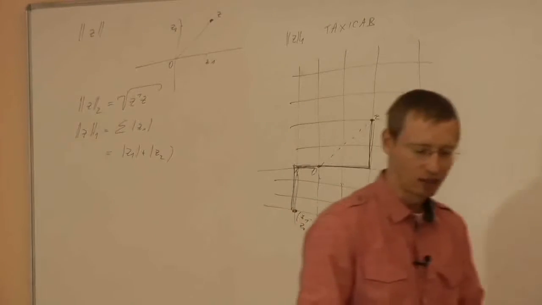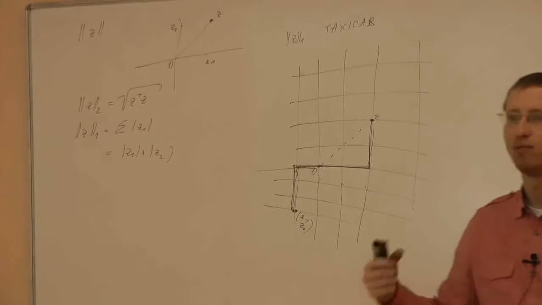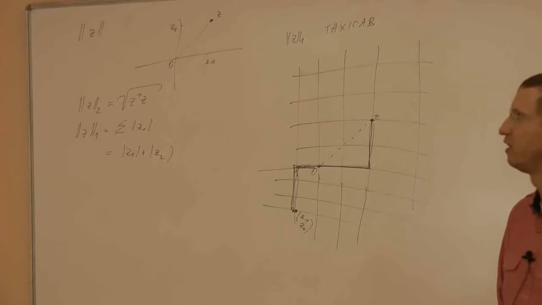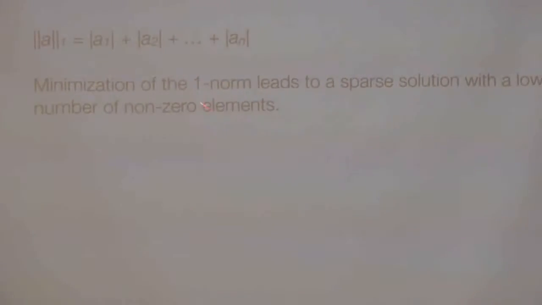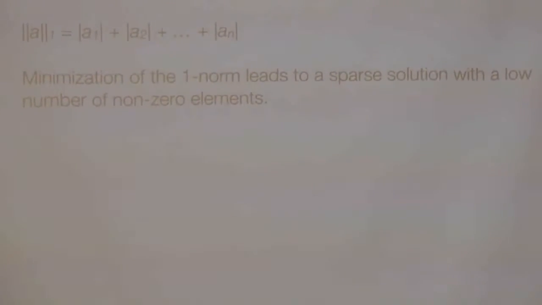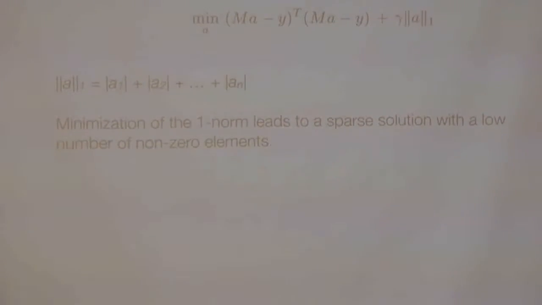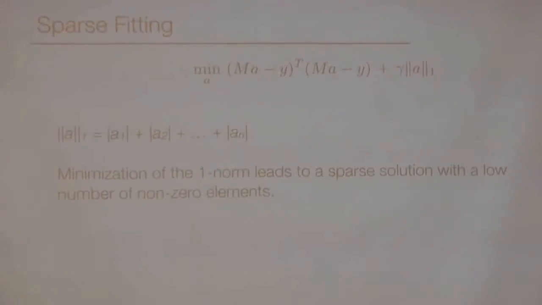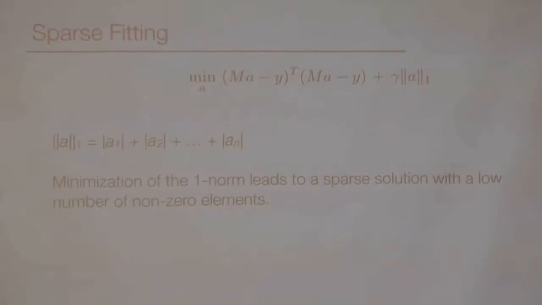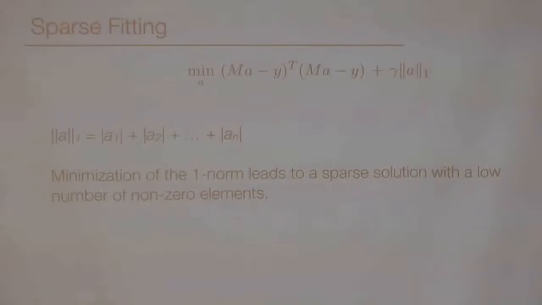So this one norm is just an approximation of the number of non-zero elements, but it's quite a good approximation. By minimizing the one norm, it gives something similar to minimizing the number of non-zero elements, but it is not the same. I do agree with that. It's not the same, but it's a good approximation.